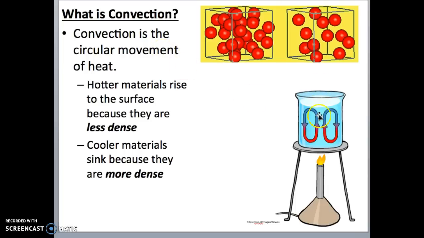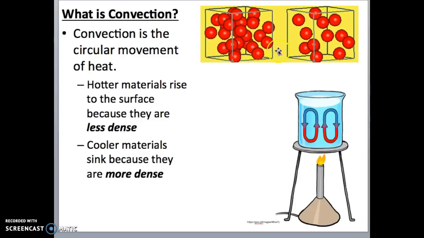You may have noticed that when you boil water, it bubbles to the surface. If you've ever watched it from the side, or put some dye into it, you may have noticed that it forms a circular motion. That's called convection, and the reason this occurs is because of density. Here's a picture of density.